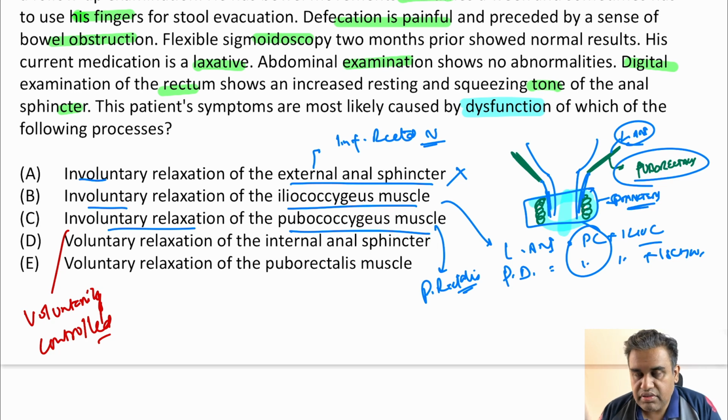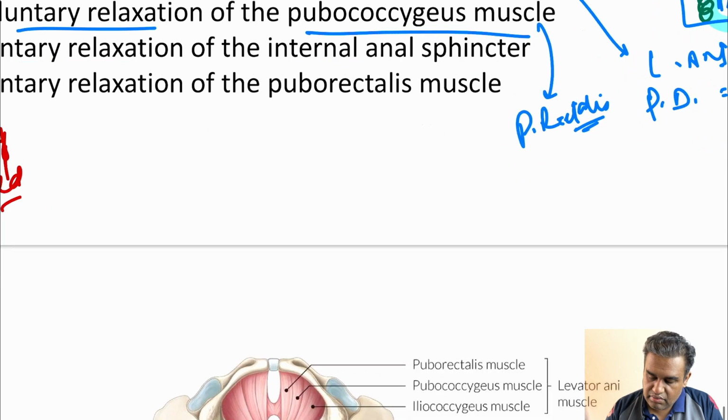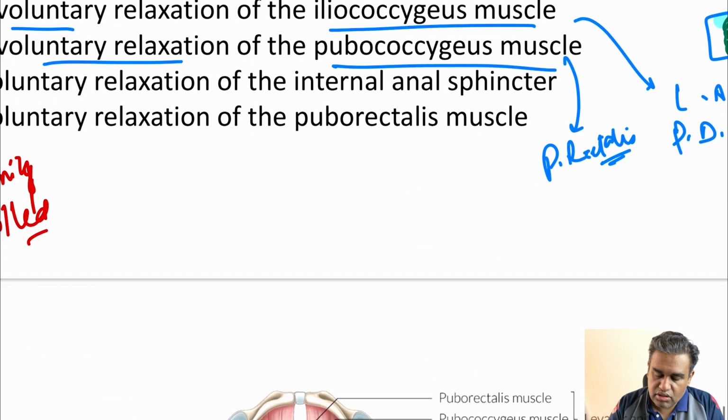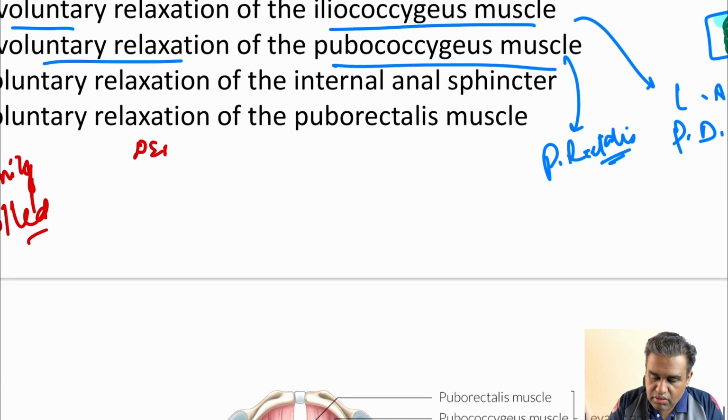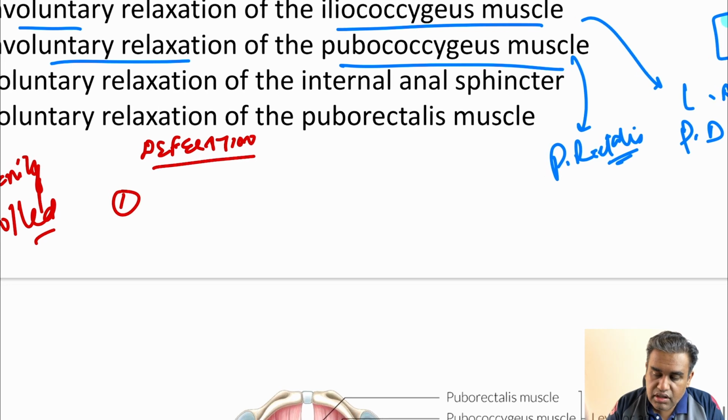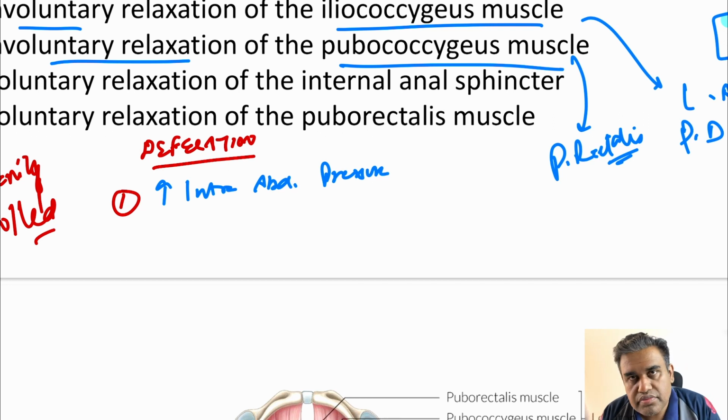When a person is defecating, what is needed? Understanding the process over here, in the process of defecation, what is actually happening? First point is, you need to increase the intra-abdominal pressure, that we all know, right? So increasing intra-abdominal pressure, the pressure will go down.